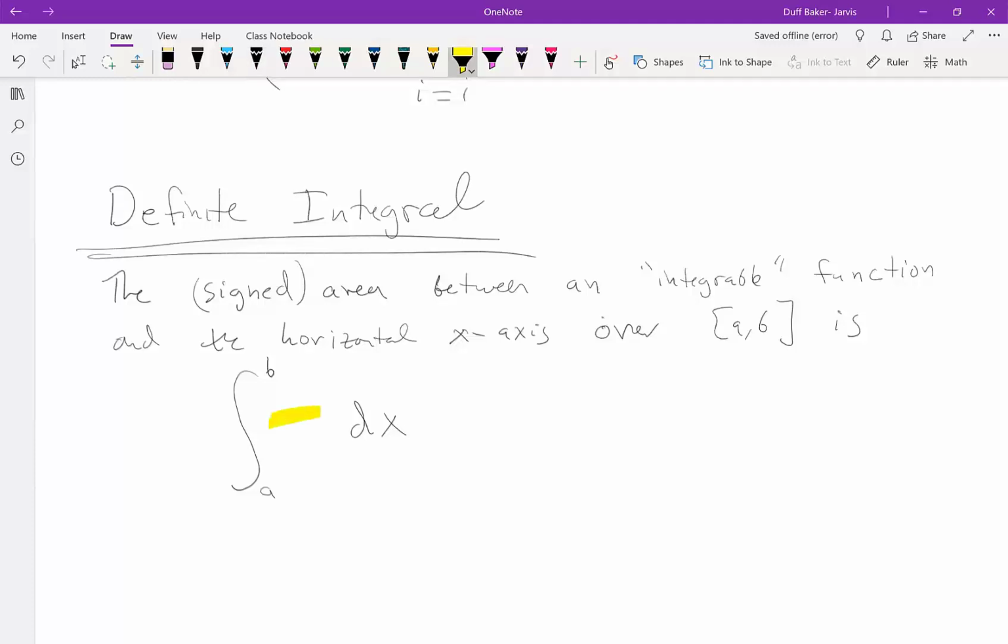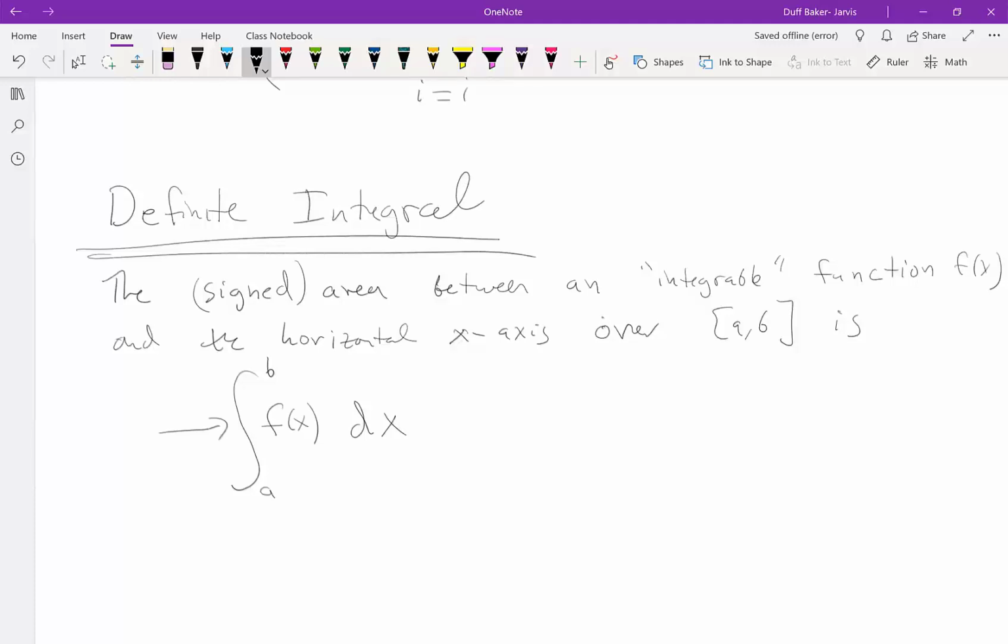This symbol, what I've written here, is the operation of taking the area, and then you can insert stuff where I've put this yellow. You're asking, what am I taking the area of? So this symbol takes the area between a and b, and if you're doing that of the particular function f of x, then you would put f of x in here.